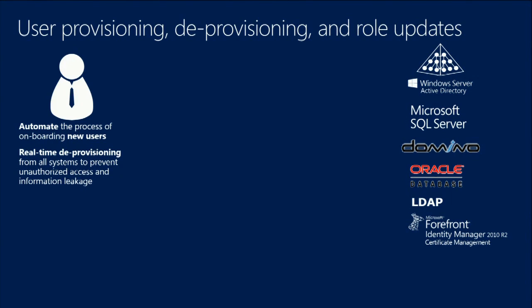Also, as users move throughout the organization. If I were in a certain division and I move to another division, I may not have access to the same pieces of the corporate network or same servers that I did before. So as a user moves, you can move them within Active Directory to certain groups, and with Forefront Identity Manager, they will automatically be provisioned and deprovisioned access to any systems based on what group they're in.